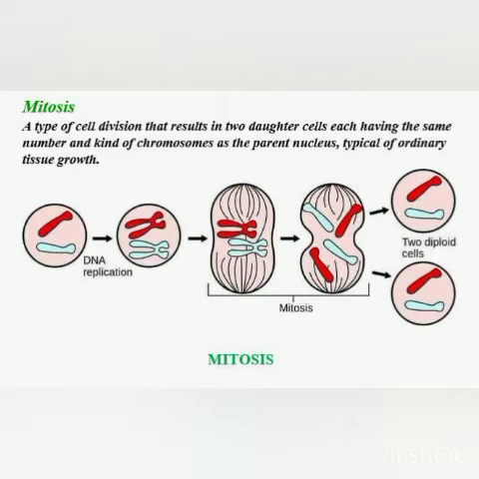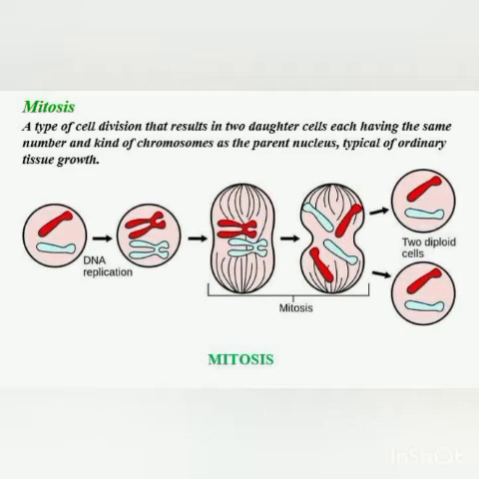Whereas the germ cells which give rise to gametes are present in the reproductive organs, for example the testes in case of male and the ovary in case of female. Here the germ cells are diploid, initially having 46 chromosomes.